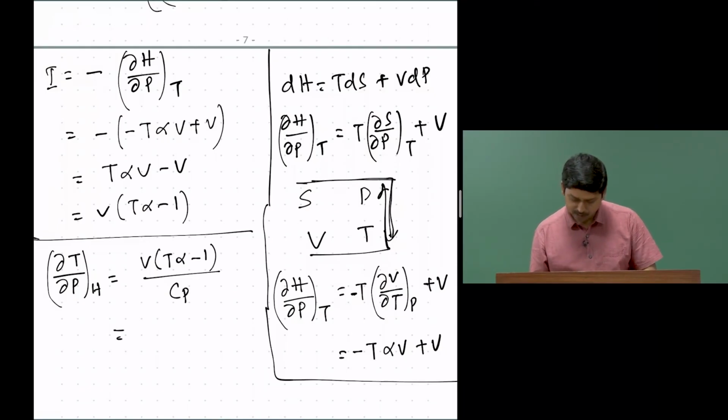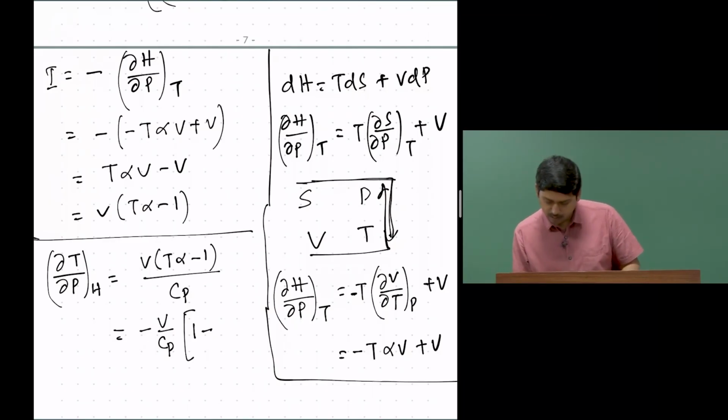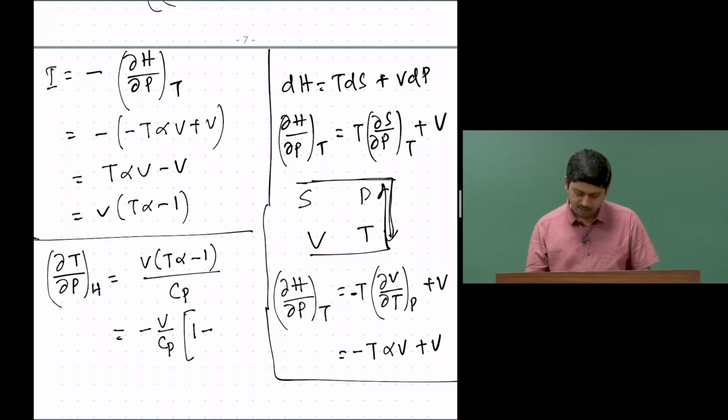The way it is written is minus V by C P, 1 minus... yeah. So, I think I have made a mistake with a minus somewhere.